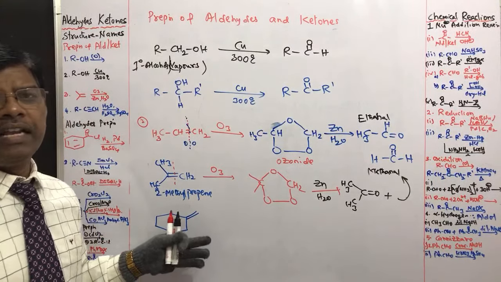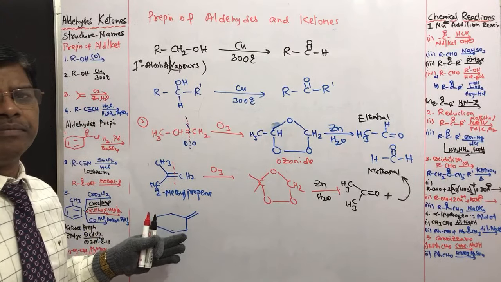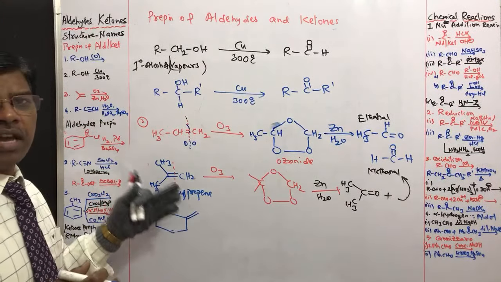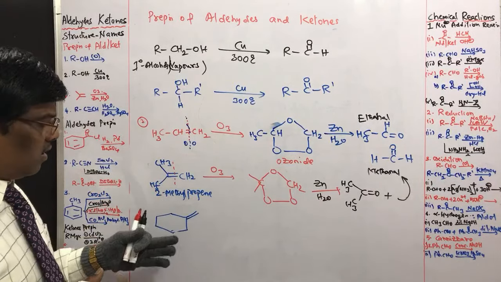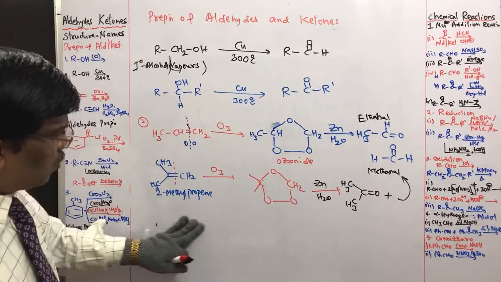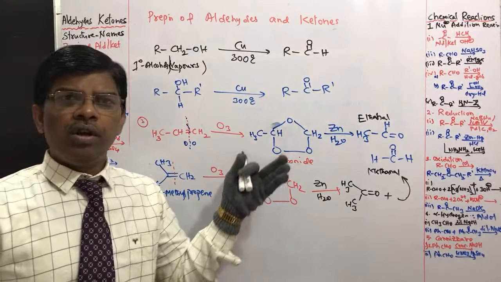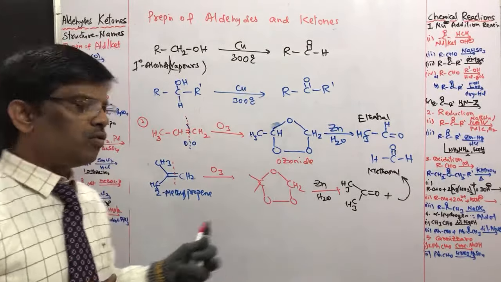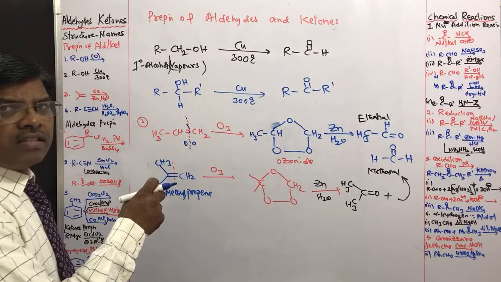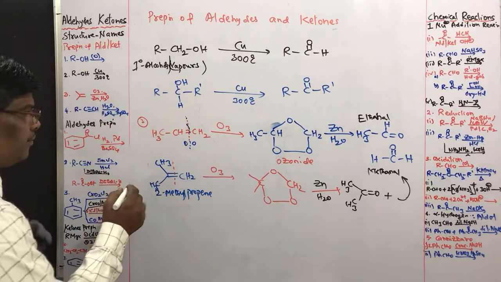It has been asked every time in JEE Mains and NEET, even in 2020 you got this question from ozonolysis. So please go through the complete detailed mechanism of ozonolysis that we learnt in the previous class, the hydrocarbons lesson.